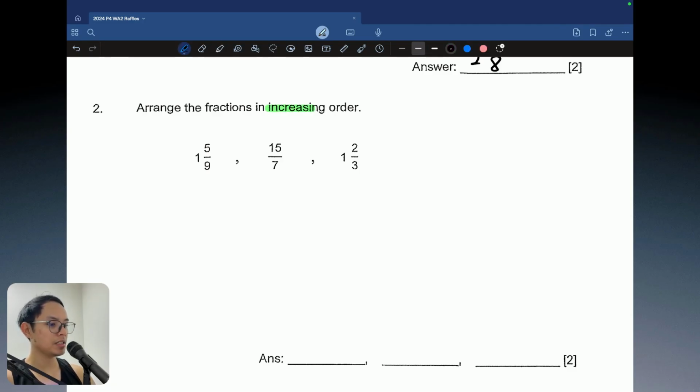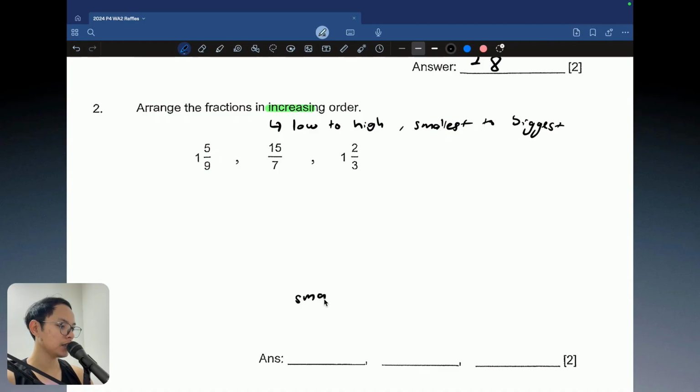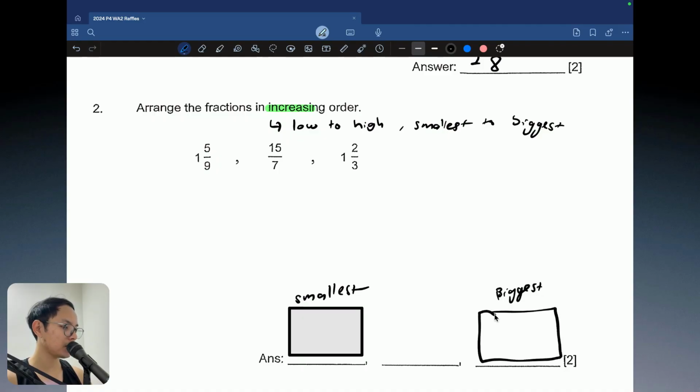Increasing is basically saying from low to high, or from smallest to biggest, right? So we need to start with the smallest fraction. So here we just put here smallest, the smallest fraction over here. And then after that, we put here biggest. Okay. So we just need to know what increasing order means.